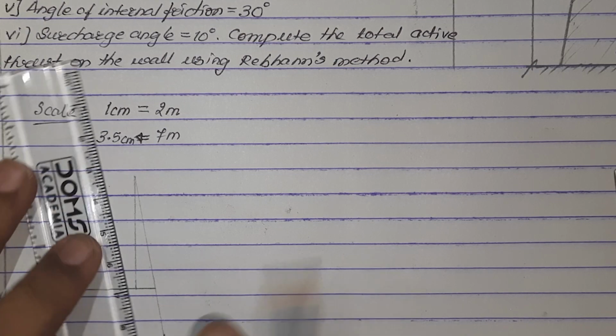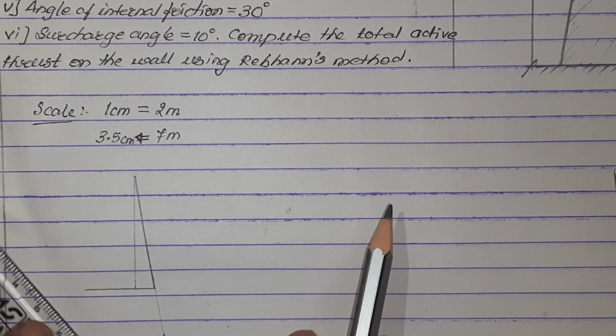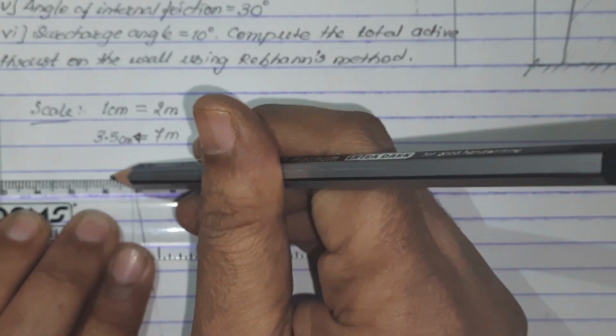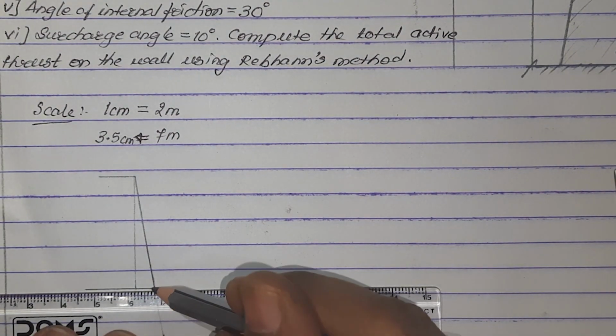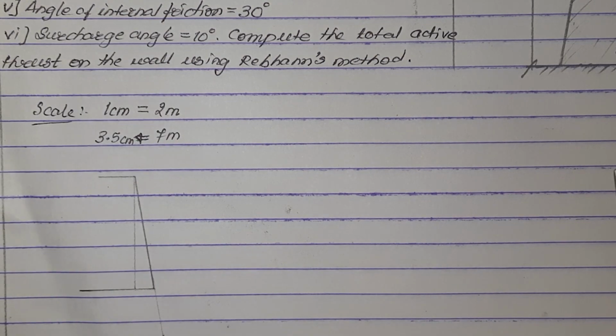So this is the retaining face. This is the crest, and this is the base of the wall. Alright, let us label the points.